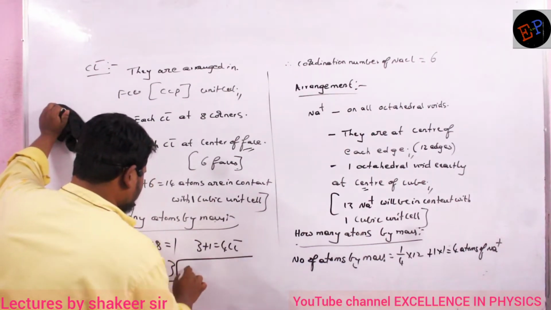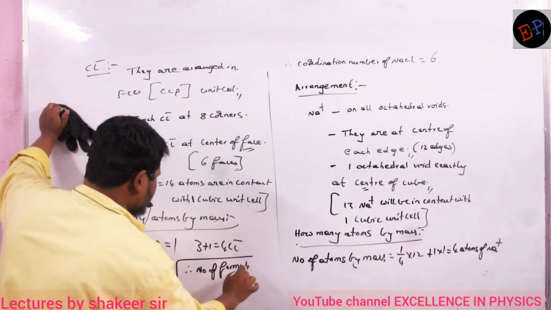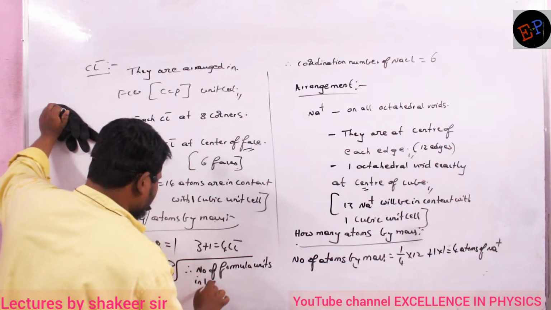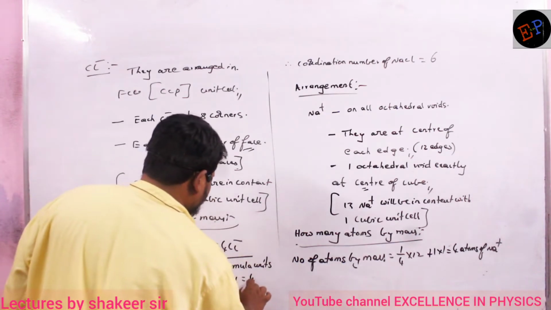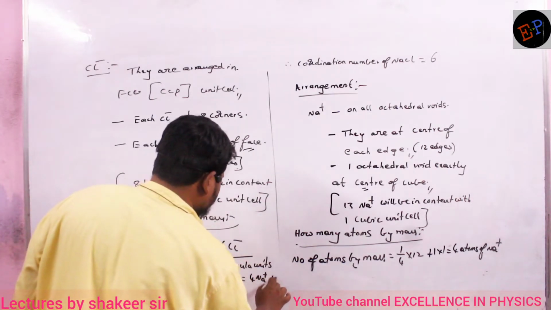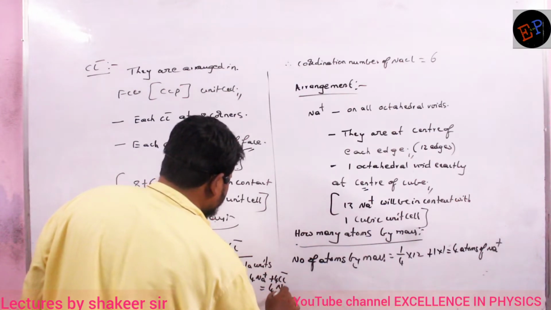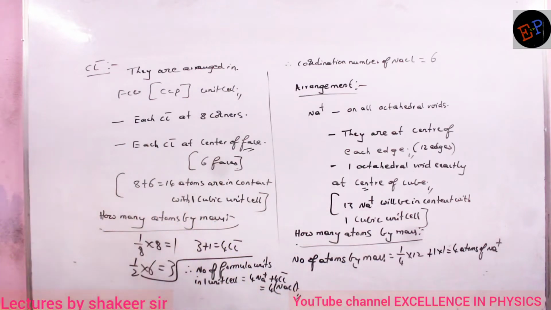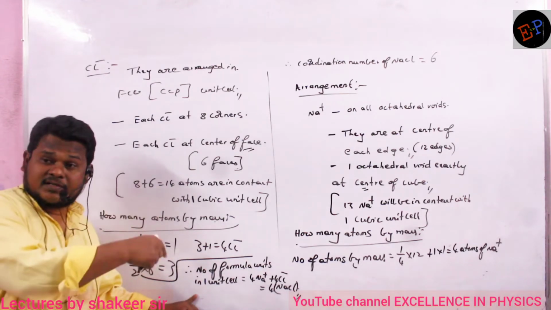Okay, therefore number of formula units in one unit cell. How can I calculate? 4 Na plus, 4 Cl minus total will give 4 NaCl. So 4 NaCl formula units are present in one unit cell by mass.